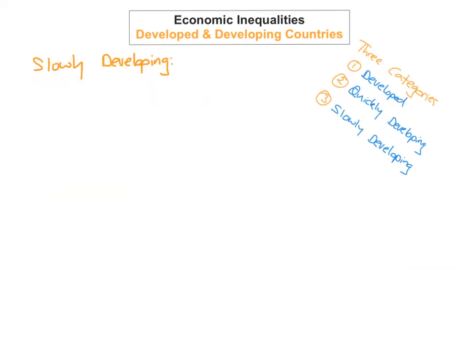The next ones we're going to look at are slowly developing countries, and these are the poorest countries in the world, usually referred to as the South and Third World.